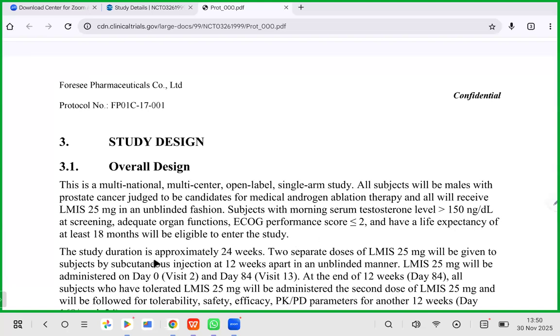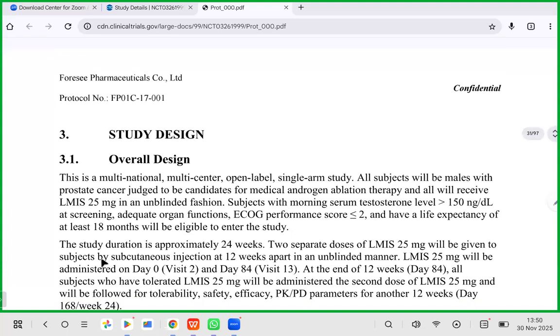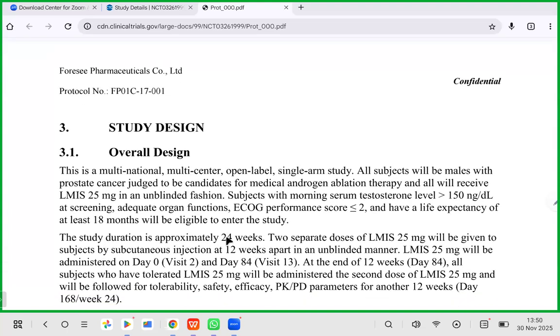They are saying the study happens for 24 weeks, which is roughly 5 to 6 months. In the 6 months, two doses of the drug will be given to subjects by subcutaneous injection. The first is on day zero, and after another 12 weeks, the second dose will be given on day 84.